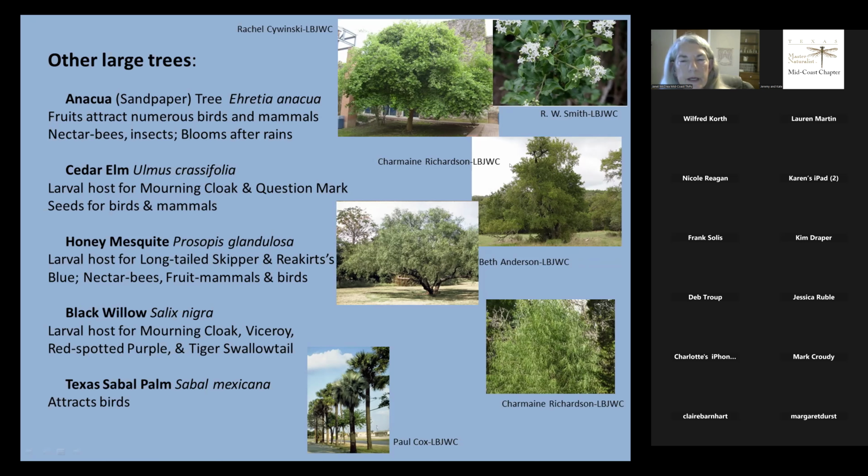The honey mesquite is a larval host for long-tailed skipper and Reakirt's blue butterflies, and it has nectar for bees and fruits for mammals and birds. And then there's the black willow, which also is host for morning cloak, viceroy, red-spotted purple, and tiger swallowtail butterflies. And then Texas sabal palm, and another large one is a pecan tree.